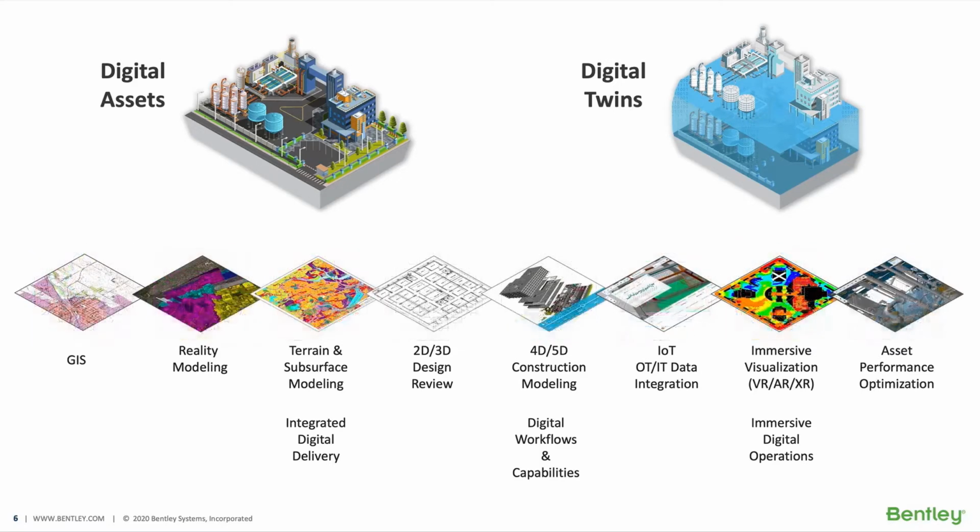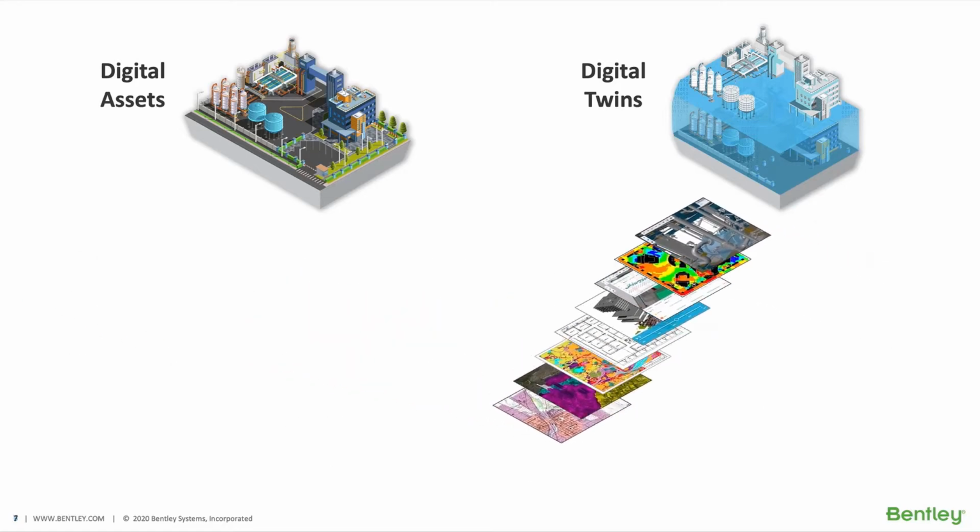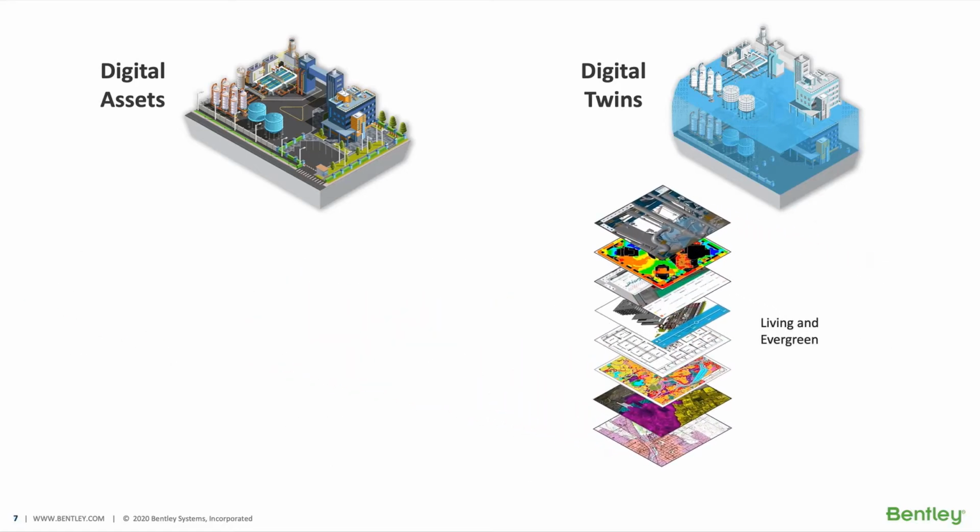And you can treat all of this information as layers. When you bring together all of these layers, you can think of this as a comprehensive set of information that you can build over time. So if you're missing one or two layers today, it still doesn't stop you from gaining the benefits of using digital twin technologies today. You just add more information over time, and the more you benefit from it as you go through this journey.